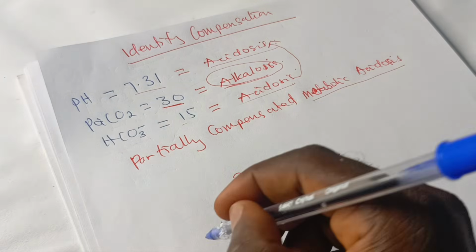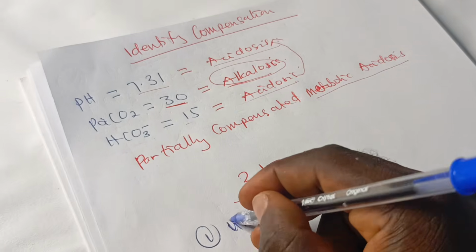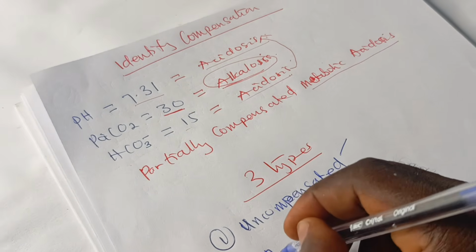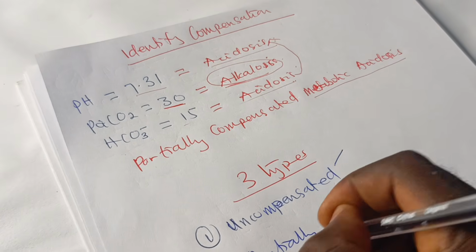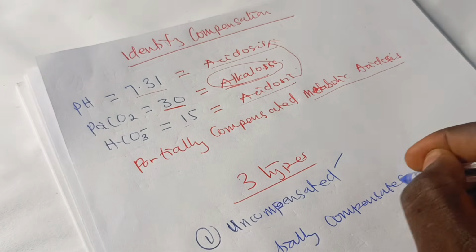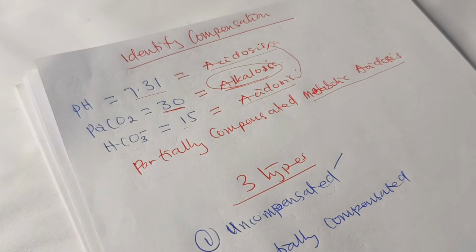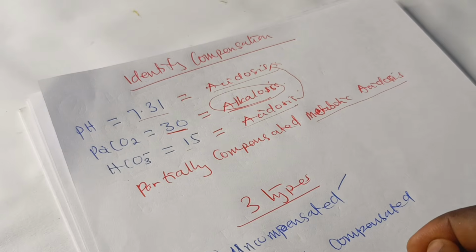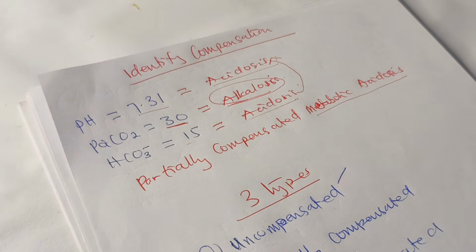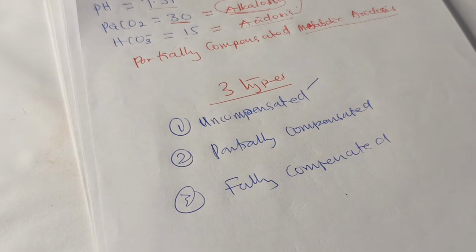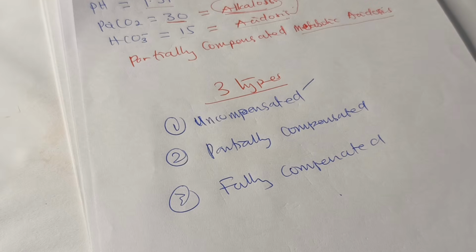Okay, so this is number one, uncompensated. Then we have partially compensated. Then three, we have fully compensated. These are the 3 types of compensation: uncompensated, partially compensated, and fully compensated.